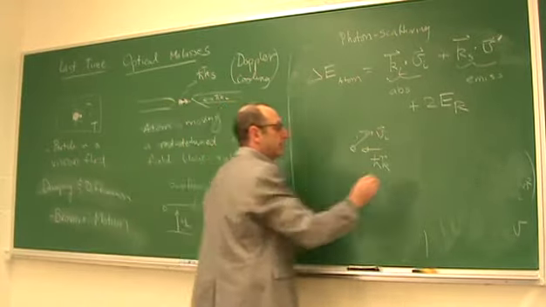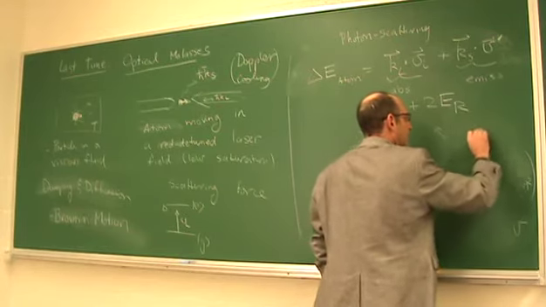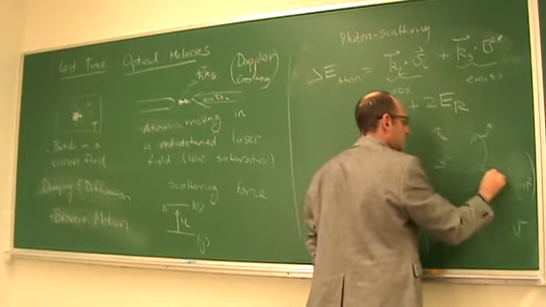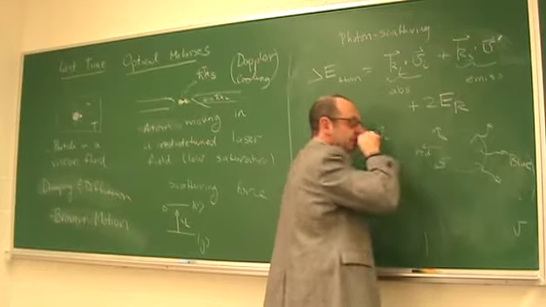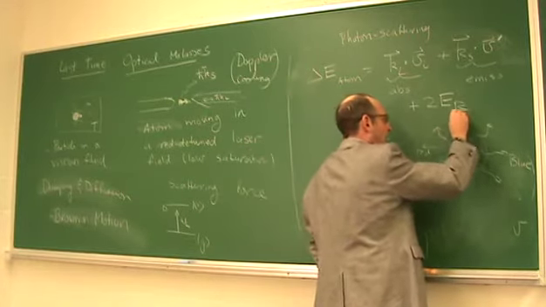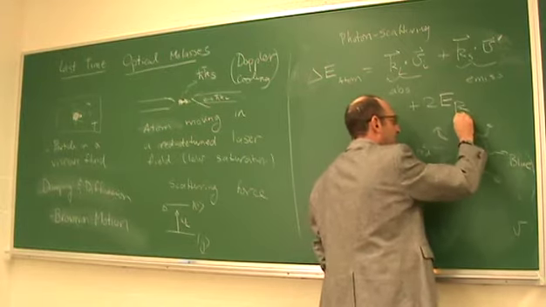But my emission is in a random direction. So, whereas these will be bluer, and these will be redder from the Doppler shift, these are at the frequency with no shift.